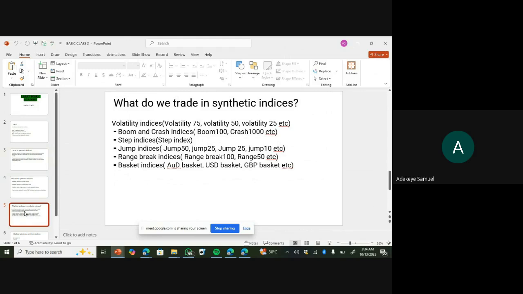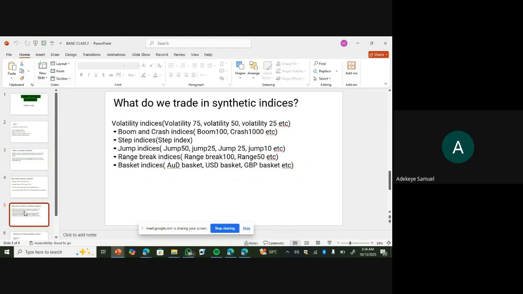While in synthetic indices we also have different pairs: volatility indices, boom and crash indices, step indices, jump indices, range break indices, and basket indices.